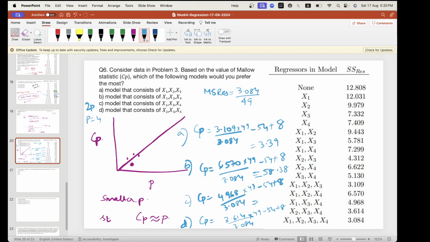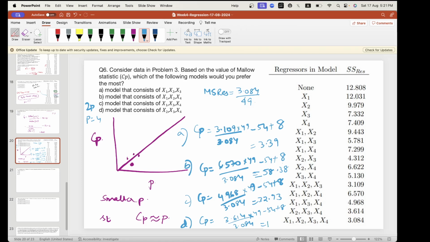Third one is how much? This is 4.968 into 49 divided by 3.084, minus 54 plus 8. So this is something like 32.93, and this last one is 3.614 into 49 divided by 3.084, minus 54 plus 8.